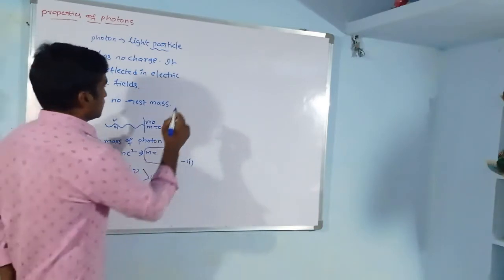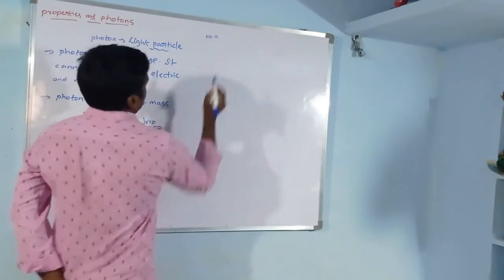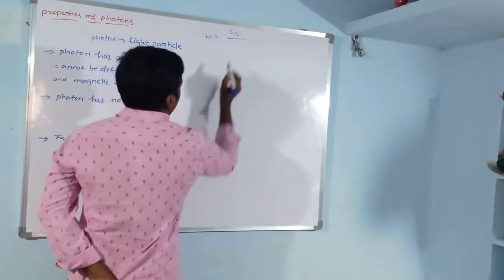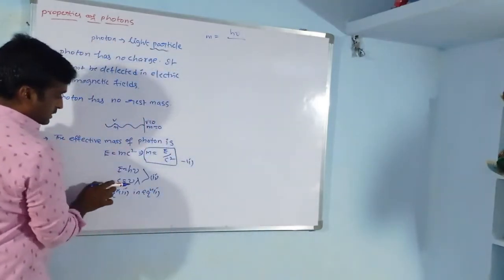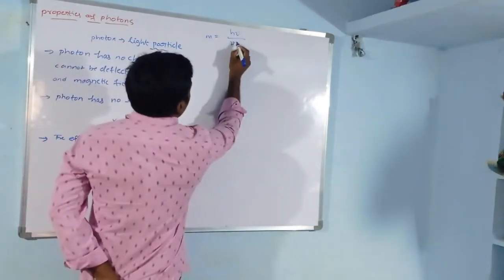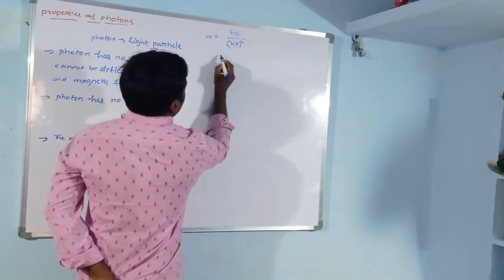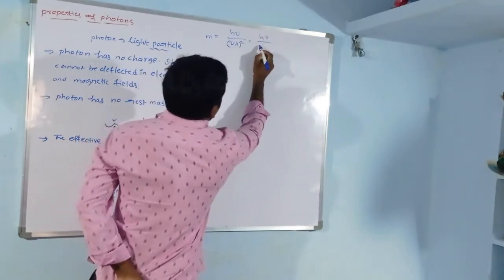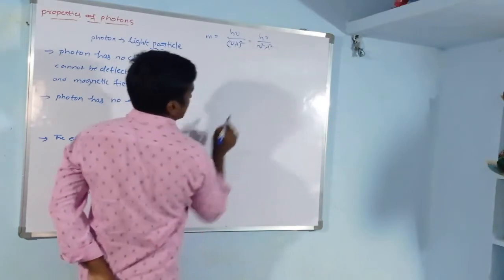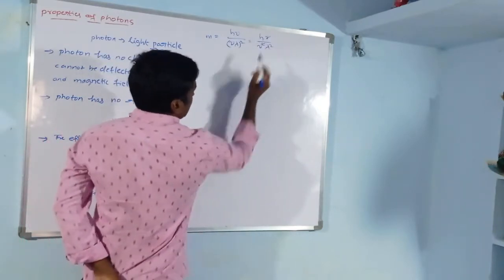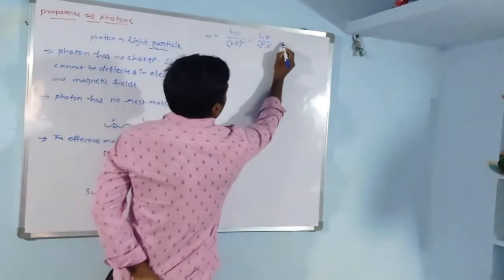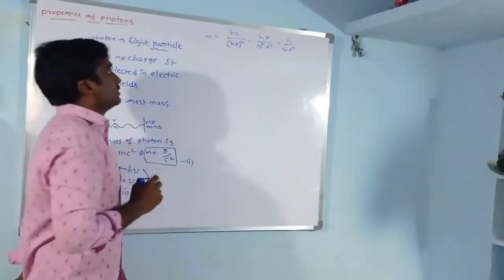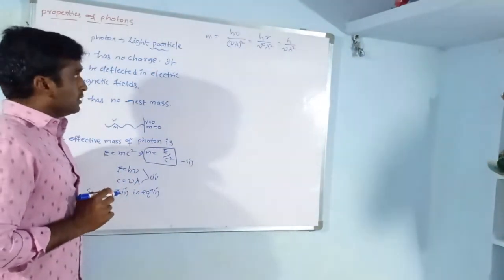Then we get m = E/c², which is hν by (νλ)², that is hν by ν²λ². One of the ν cancels, giving h/(νλ²). That is the effective mass of the photon.